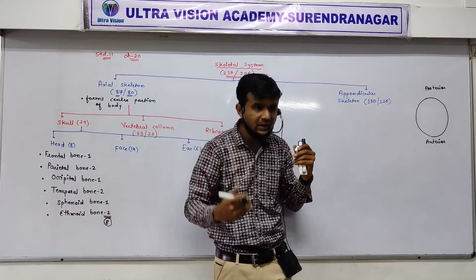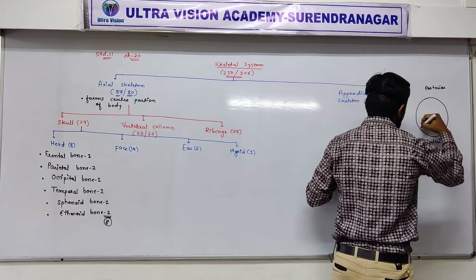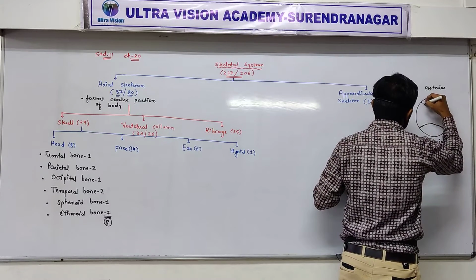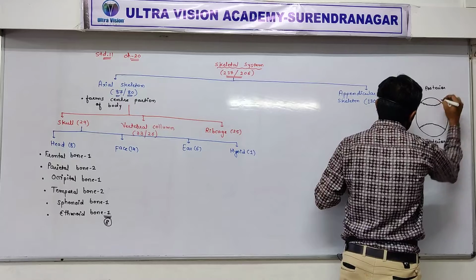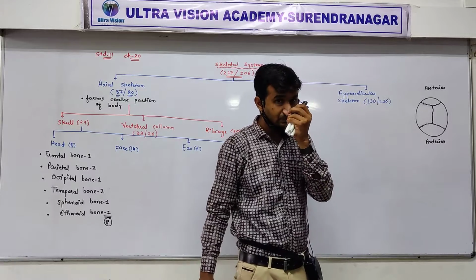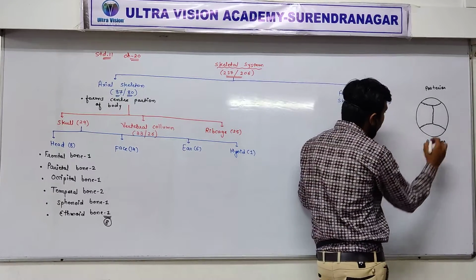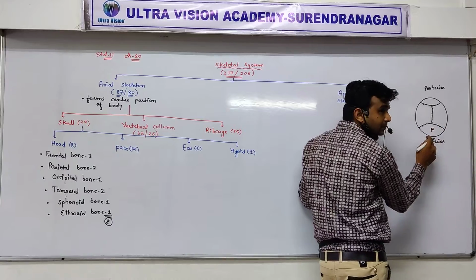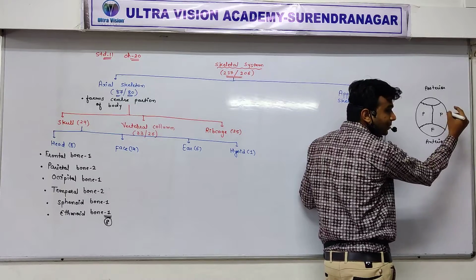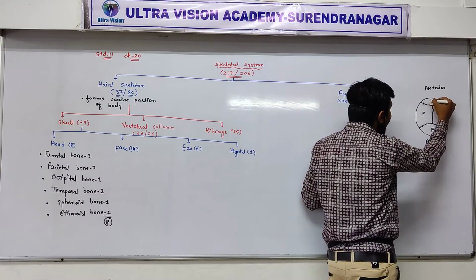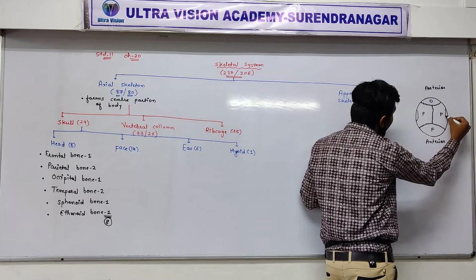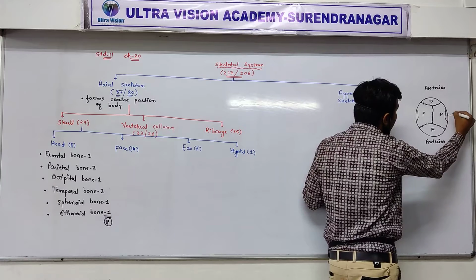Now when you observe this skull, this is known as the anterior bone, that is the frontal bone. Frontal bone 1, parietal bone 2. Understand? And this is the occipital bone. And here actually very little temporal bones are seen.